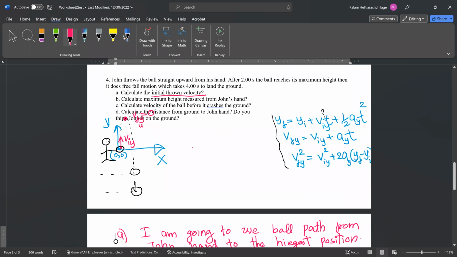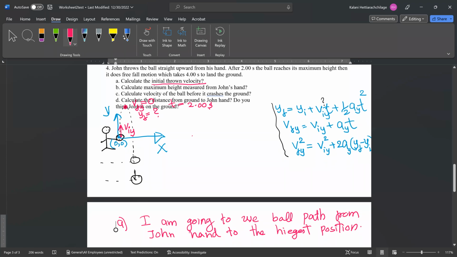I don't know y final yet, right? And do I know the time for that? Yes, time is given. I'm going to write all known things here. I'm going to erase it later because it's right on top of the letters. Time for going up is 2 seconds, right? In addition to that, there is no other information given for that part, right?